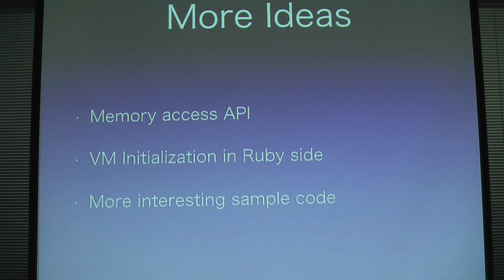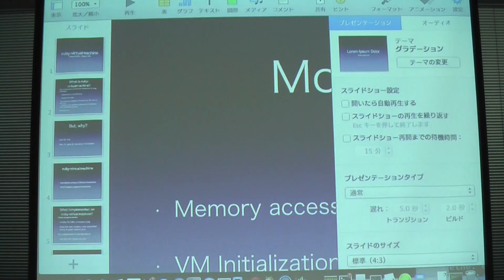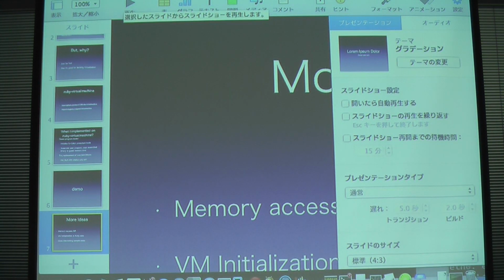So maybe I can move this code to the Ruby script, and maybe this sample code is boring, so maybe I can think about a more interesting sample code, and that's it. Do you have any questions?